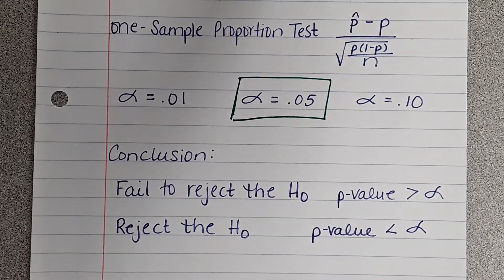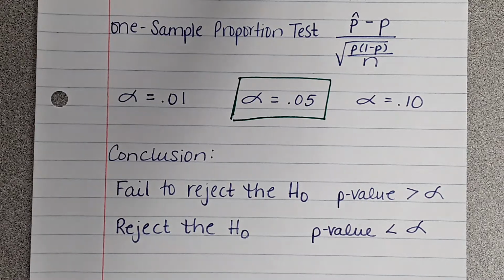That's what you're going to put into your calculator. And if you put the wrong alternative hypothesis in your calculator, you're going to get a p-value like 0.9999, that is a very, very large p-value, and that's a clue that you did something wrong. Did I put the right alternative hypothesis into my calculator?